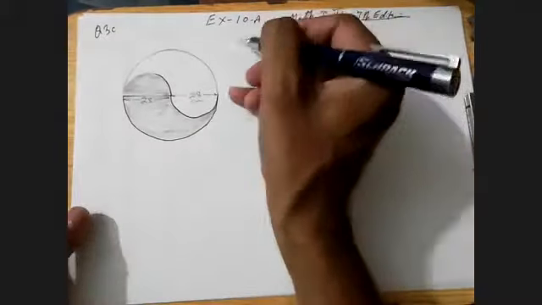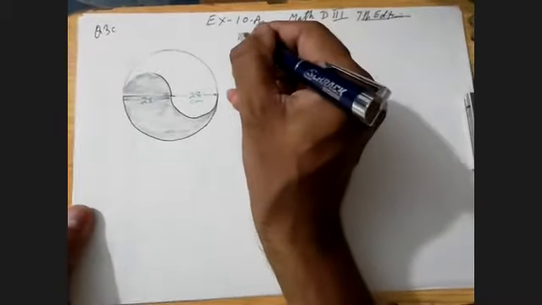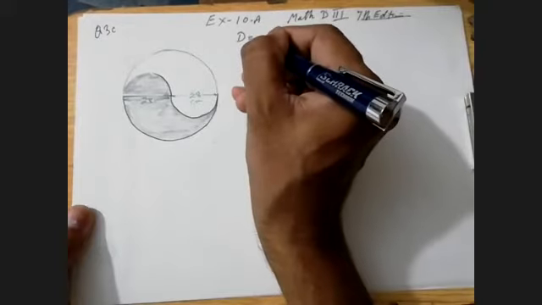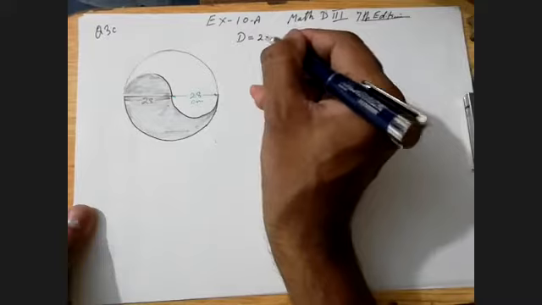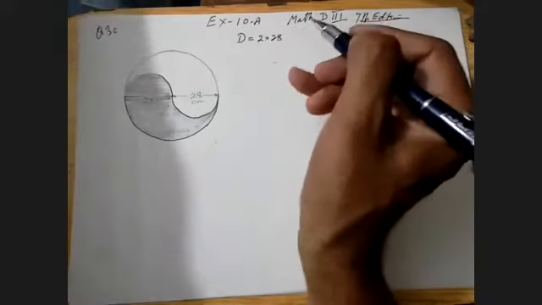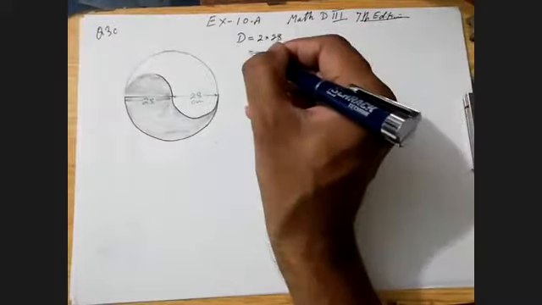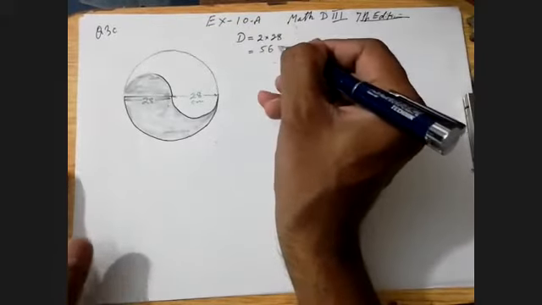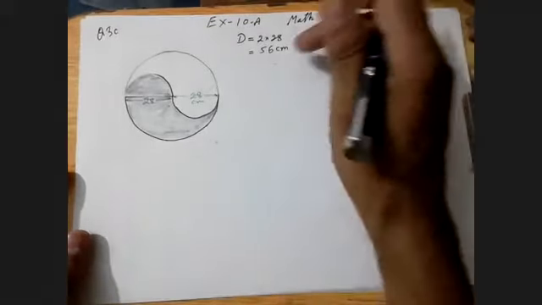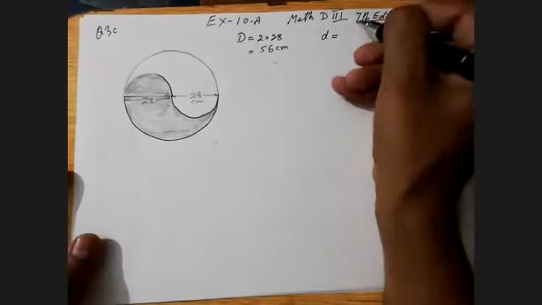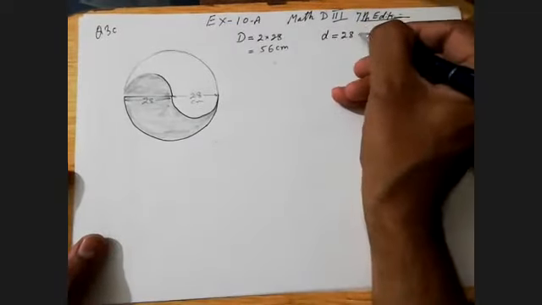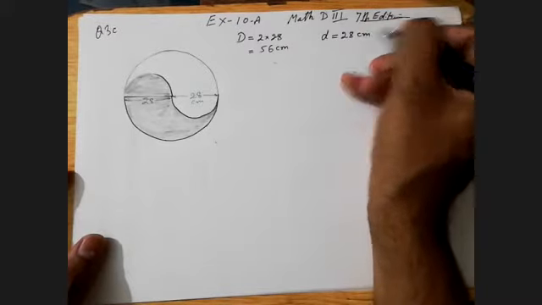First of all, let me write down that the diameter of the bigger circle, which I am representing with capital D, is 2 times 28, which is 56 centimeter, and the diameter of the smaller circle is 28 centimeter.